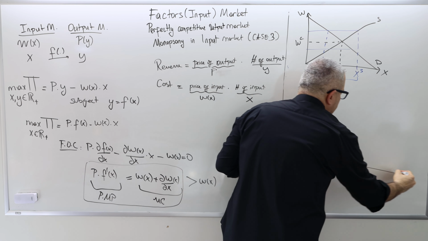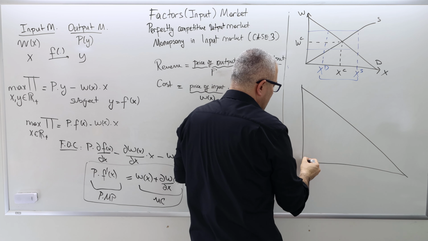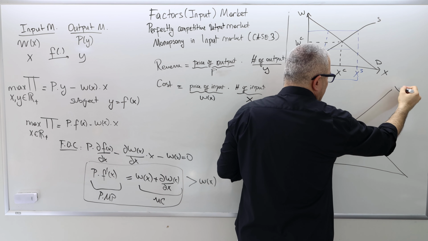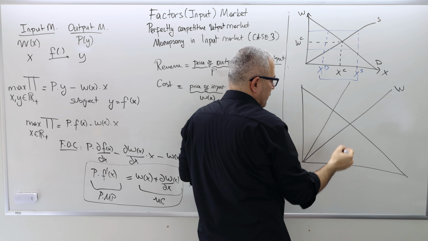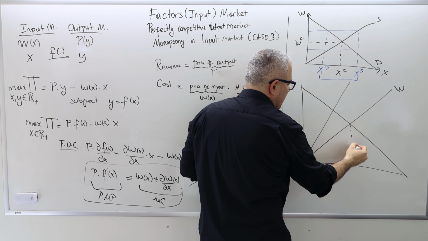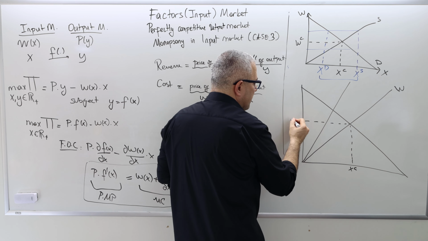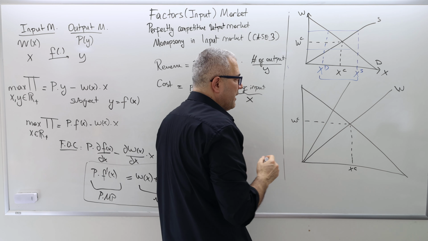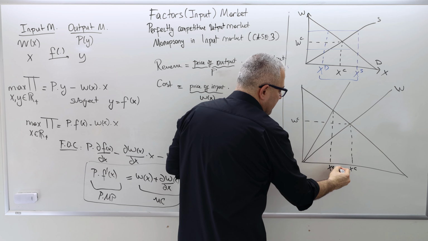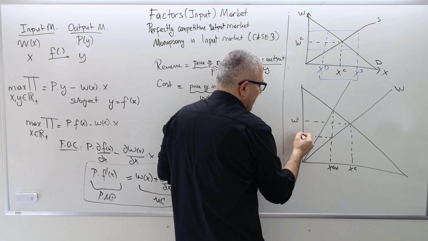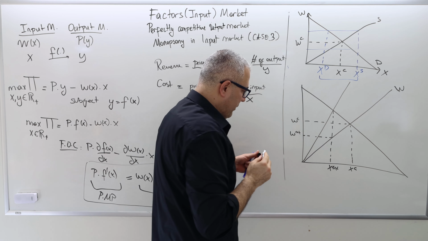For the monopsonist, we have the demand curve for the monopsonist, the supply curve for the market, and the marginal cost curve, if you remember. This is the competitive equilibrium number of workers, and this is the competitive equilibrium wage. However, the monopsonist hires fewer workers and pays less.